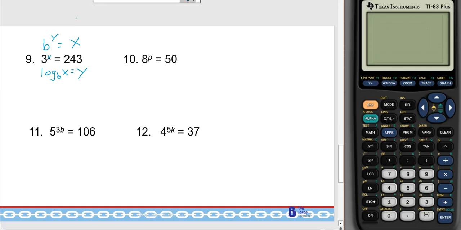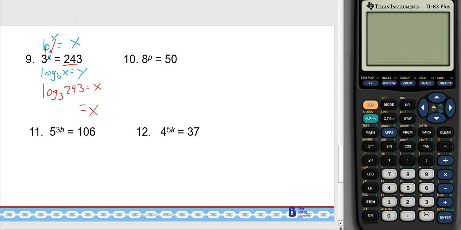So that when I go to fill this in, I can say, okay, it's log base b. Well, b right here is 3, of x, which is right here, the 243, equals y, which is this x from my original problem.